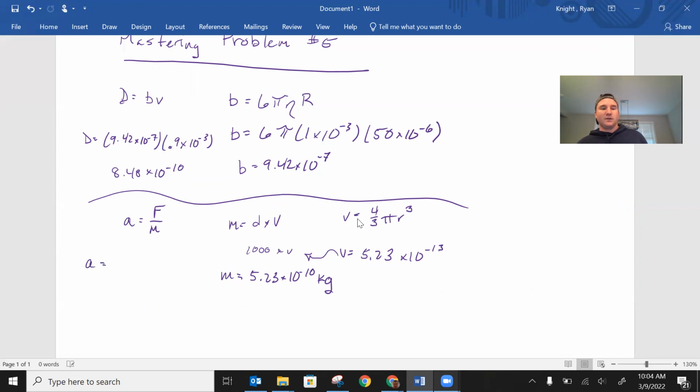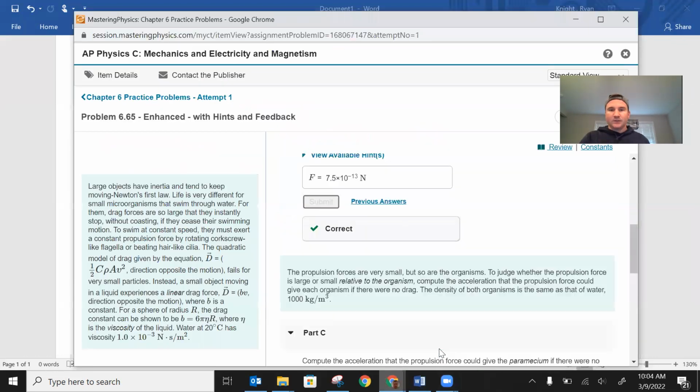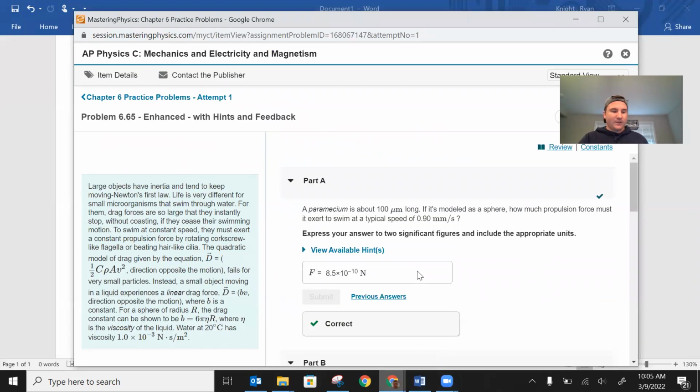So there's our mass, and then we just have to use the force from the first part. So the acceleration is going to be whatever our force was. I'll have to go back and look. Our force was, for the paramecium, 8.5 times 10 to the negative 10th.